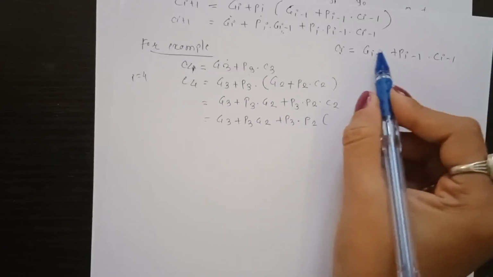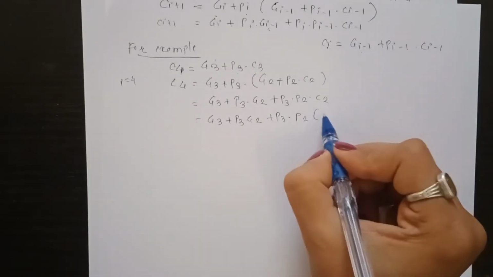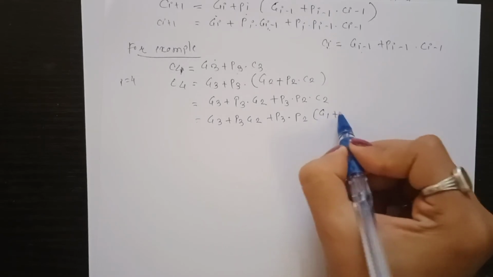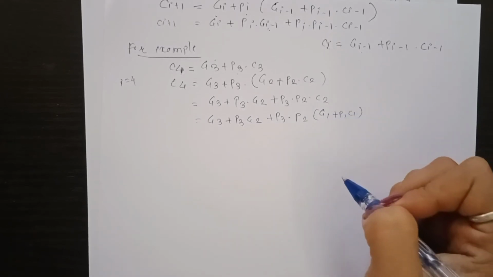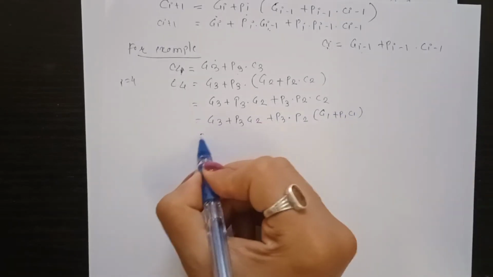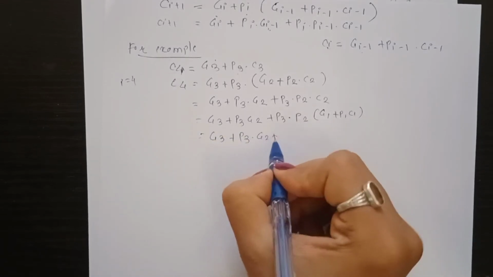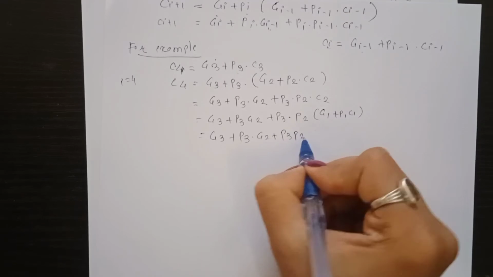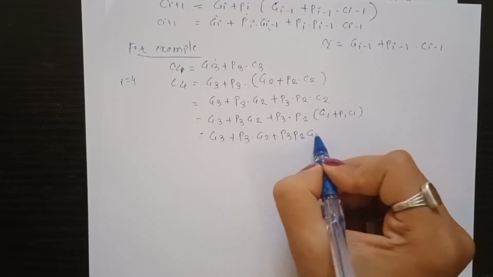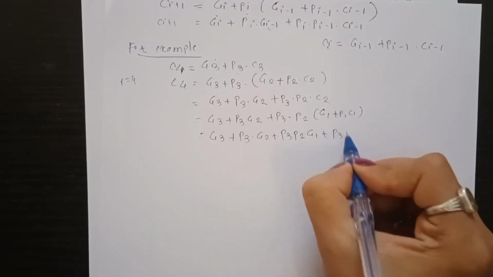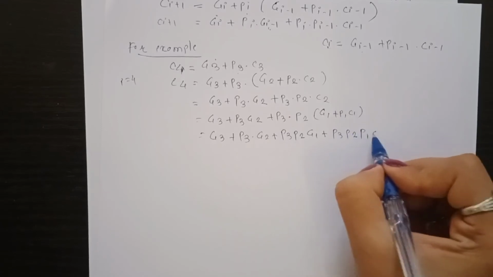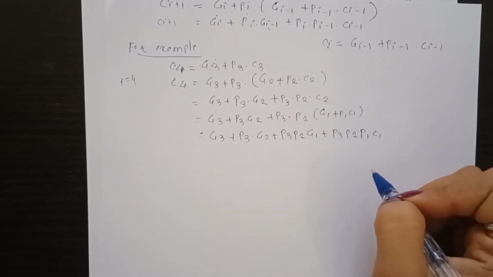by this expression. For C2, that means G will be 1, P will be 1, C will be 1. Okay, again factorize it: G3 plus P3 into G2 plus P3 P2 G1 plus P3 P2 P1 into C1.